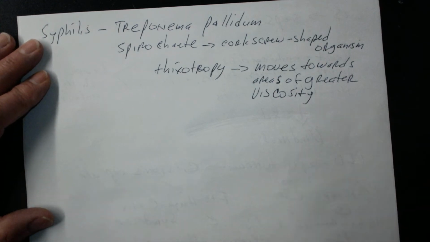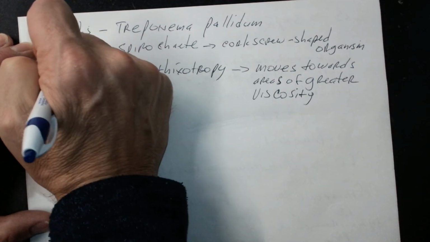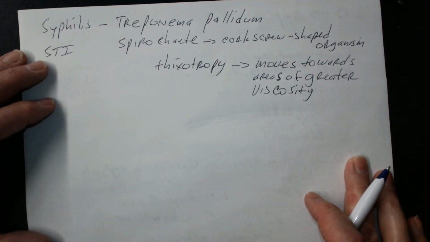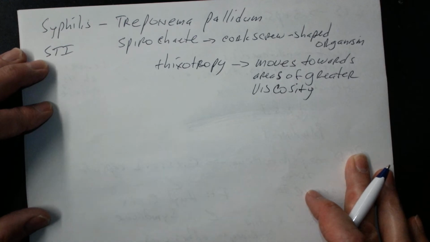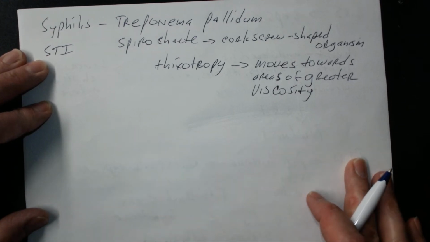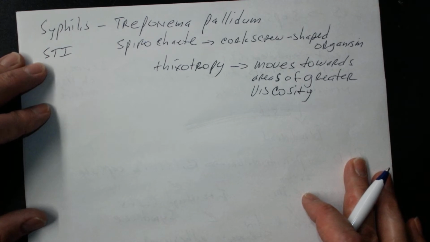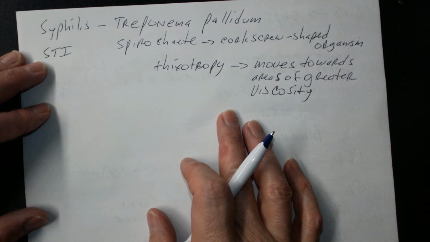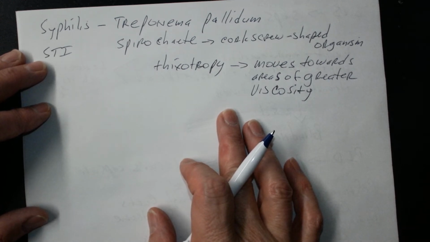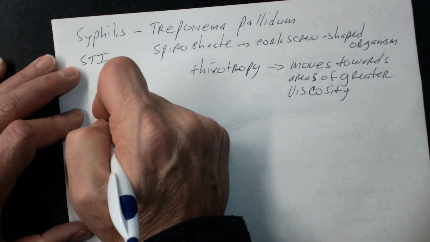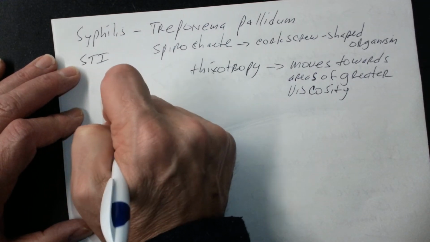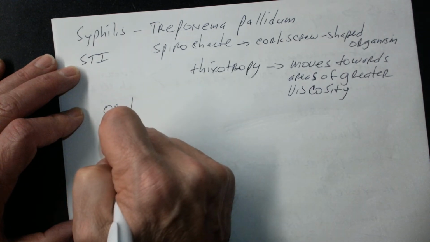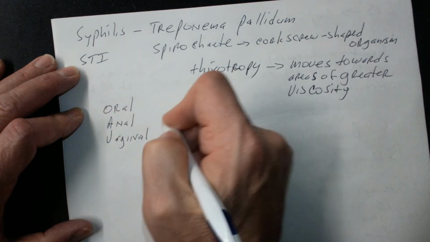All right, so this organism is a sexually transmitted infection, just like gonorrhea, just like chlamydia. And when you have sexual intercourse, you have tiny cuts or breaks of the skin, the mucous membranes of the external genitalia, or perhaps the mouth. So this would include either oral, anal, or vaginal intercourse.